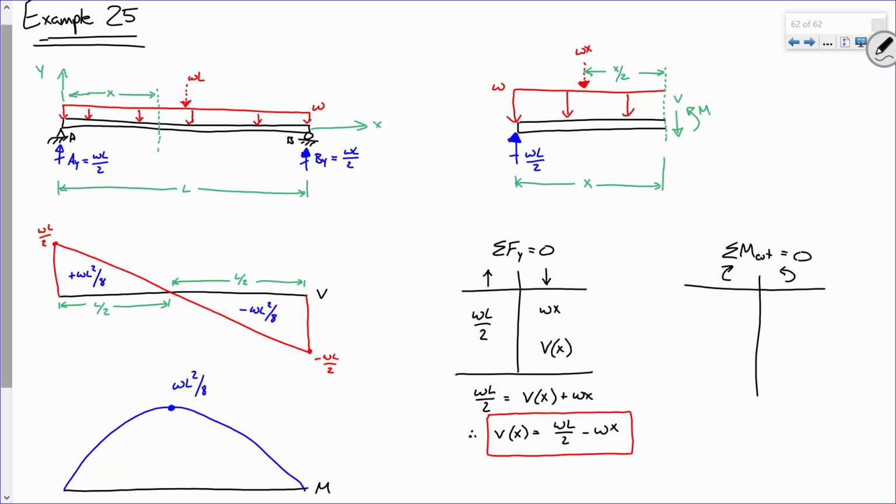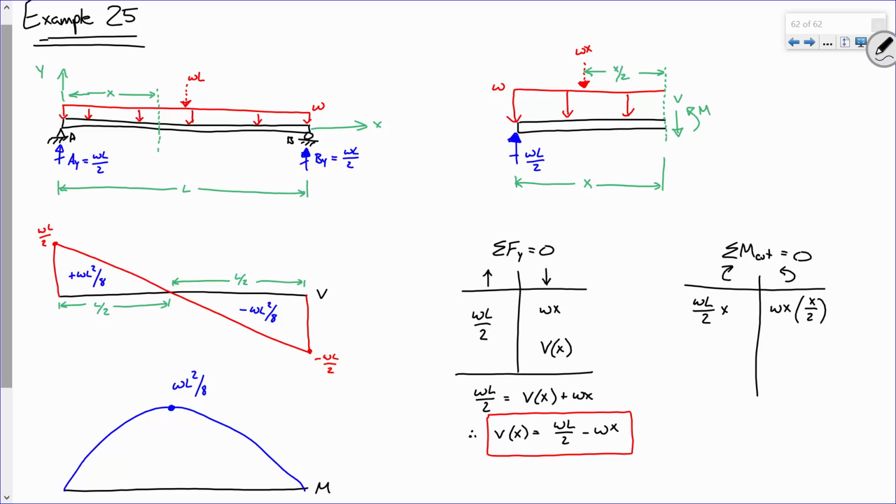What's my moment arm? X. Which side, left or right? All right? Okay. What else? Well, I've got WX, right? Acting at a moment arm of X over 2. That's going to be on that side.